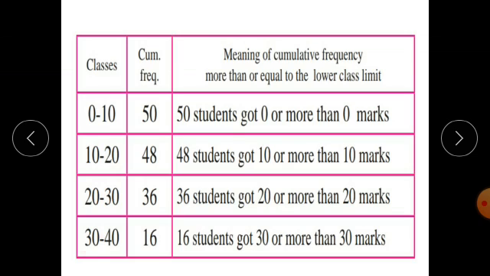Now for the class 30 to 40, cumulative frequency is 16, which means 16 students got 30 or more than 30 marks.